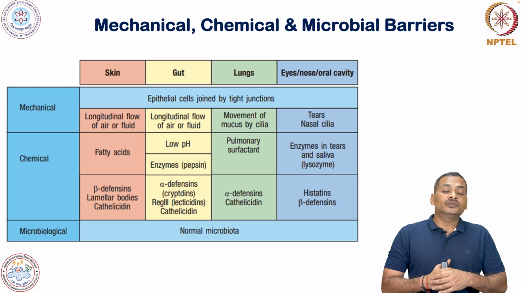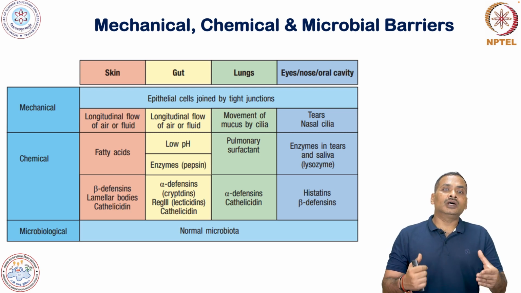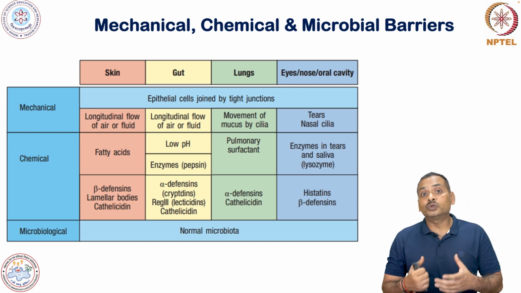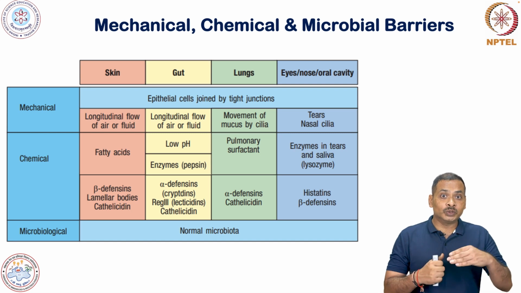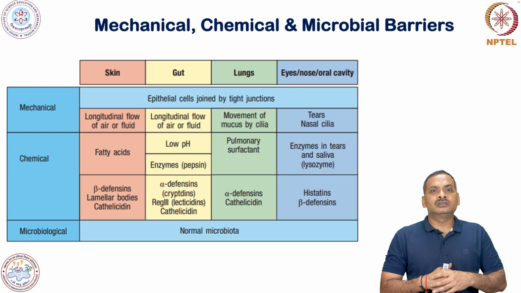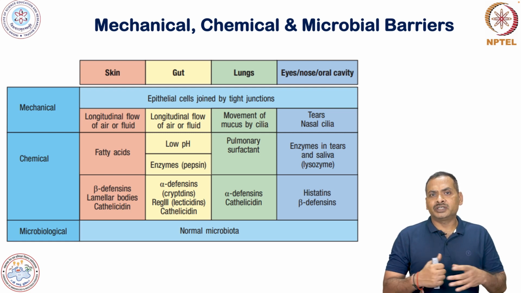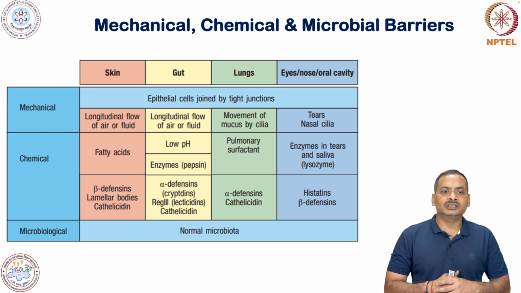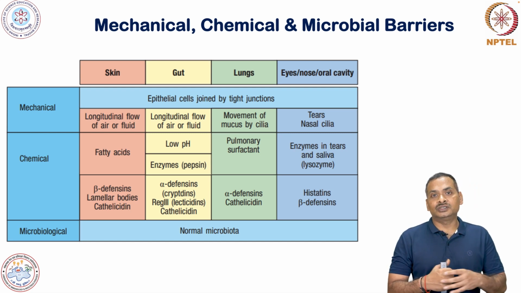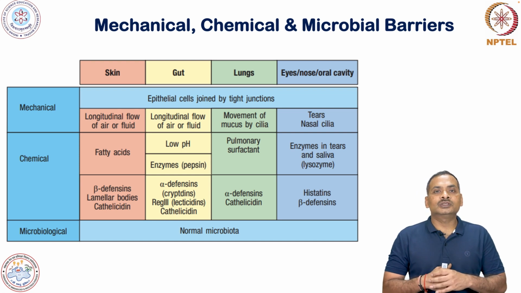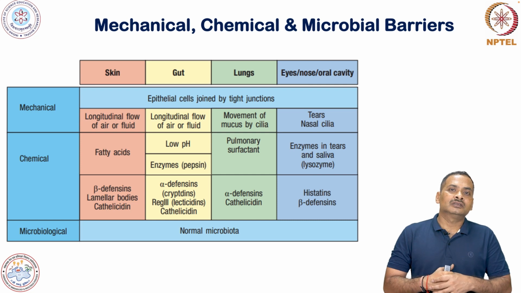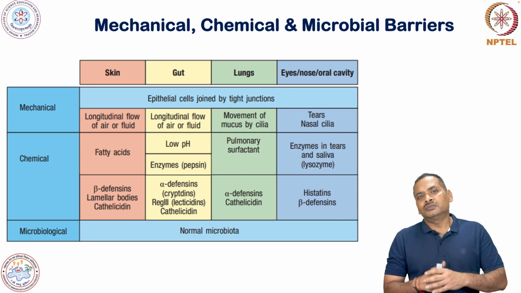In gut, you are all aware that there is a low pH, there is production of hydrochloric acid which inhibits the growth of any microbial organism, any microbes including pathogens. There are enzymes secreted in the gastric juice, a variety of enzymes, pepsin, trypsin, and some more enzymes.